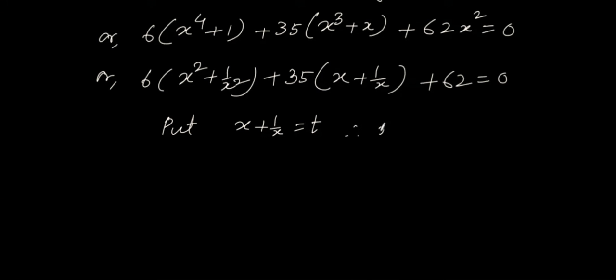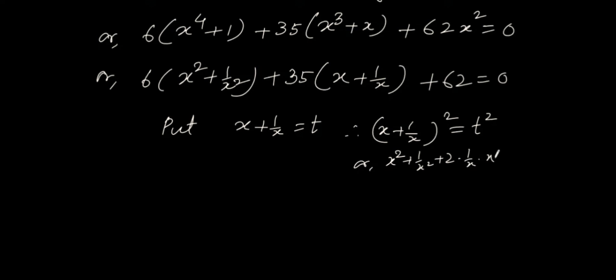So therefore x plus 1 by x whole square equals t square, or x square plus 1 by x square plus 2 into 1 by x into x equals t square, or x square plus 1 by x square equals t square minus 2.